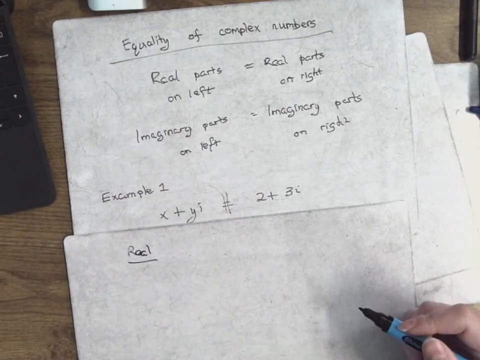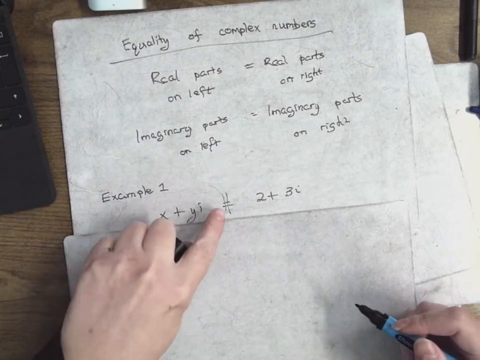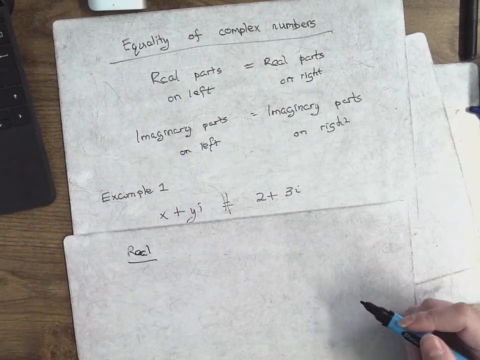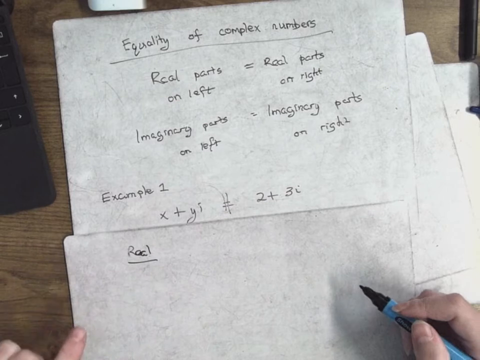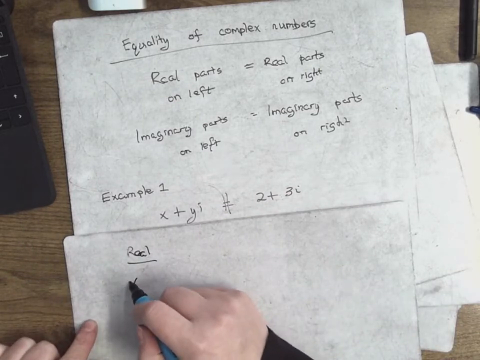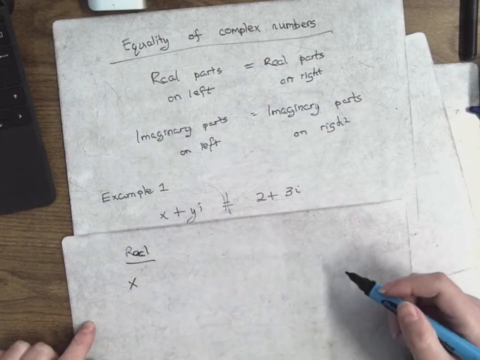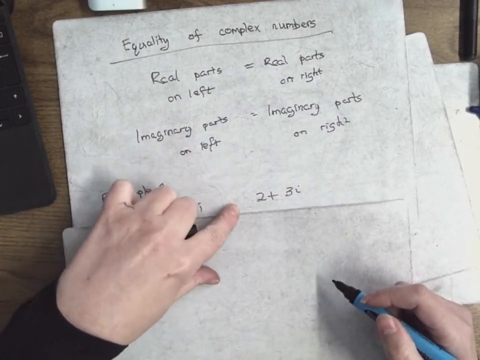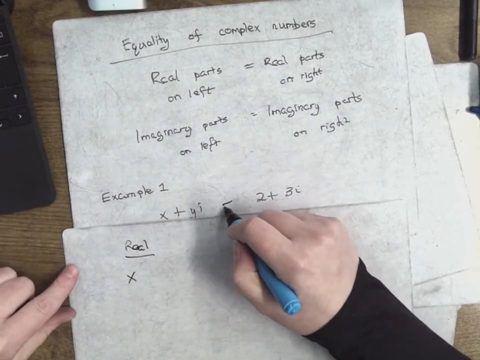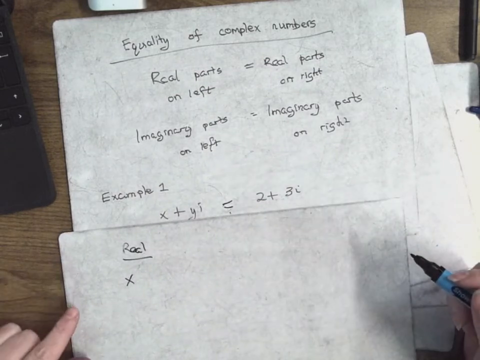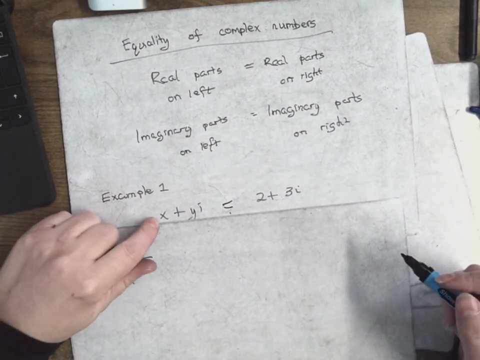Okay, so it's easy to pick out the real bits, they have no y's. So on the left hand side, pick out the real bit. What's the real bit? X. Isn't it just x? yi is imaginary, right? Yeah, because I'm just showing you where the left side and the right side, where the division is. Okay? So the real bit on the left hand side is x.